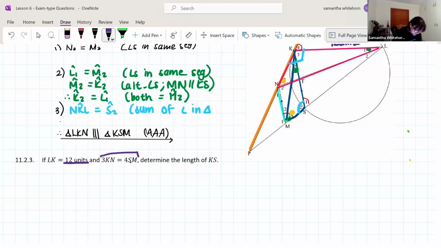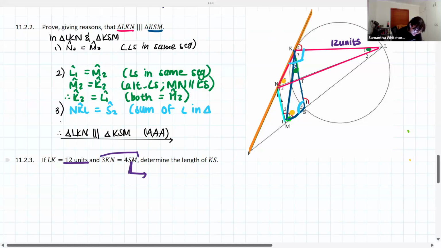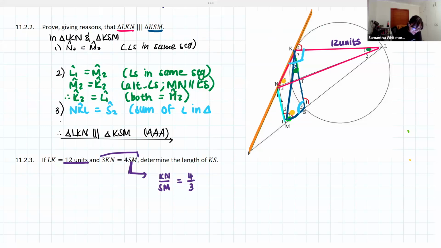If you divide both sides by SM, and then divide both sides by 3, you would have KN over SM is 4 over 3. You have a ratio of what KN to SM is. So KN over here is 4 parts. SM down at the bottom, 3 parts.